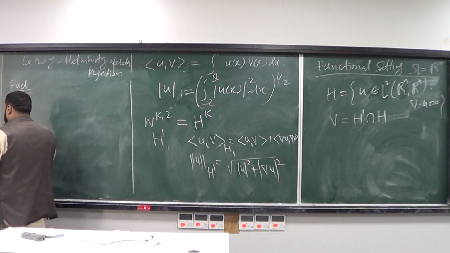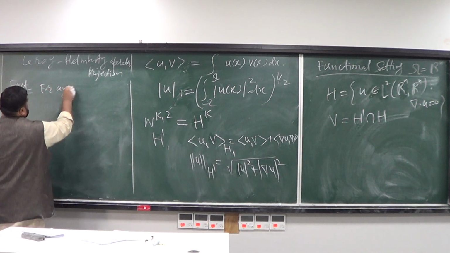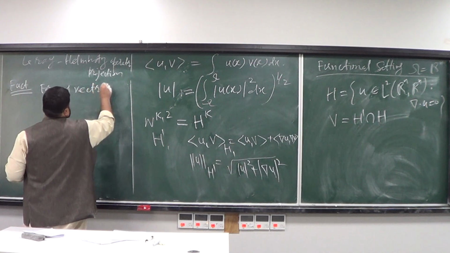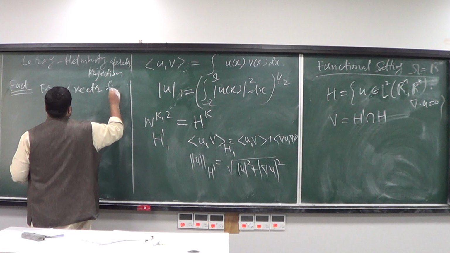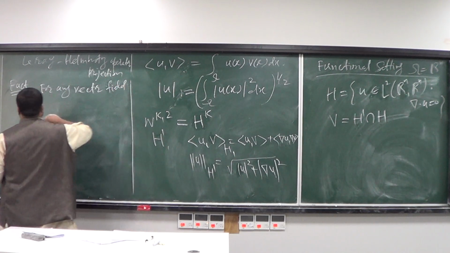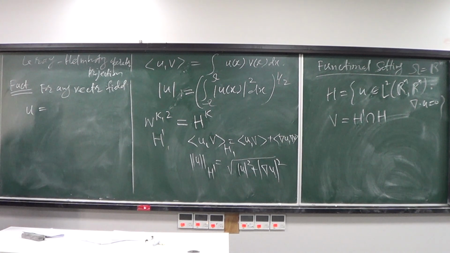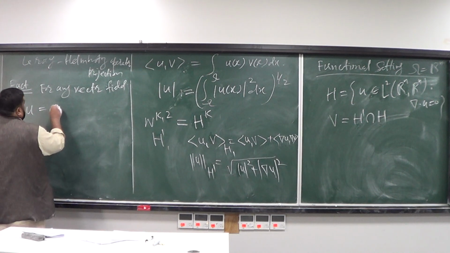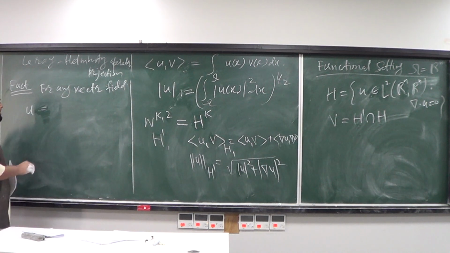So we can show that for any vector field U, we can decompose it into two parts. Every vector field can be decomposed into two parts.